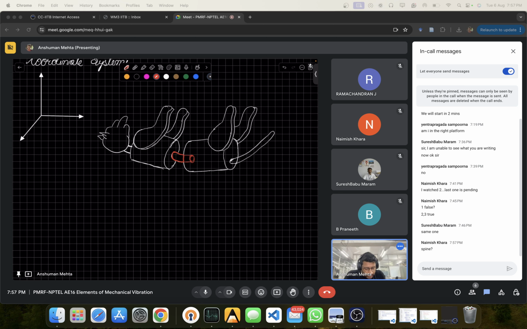So what physical or mechanical element can we take? Given options: bending, torsion, axial, bending torsion, bending torsion axial.